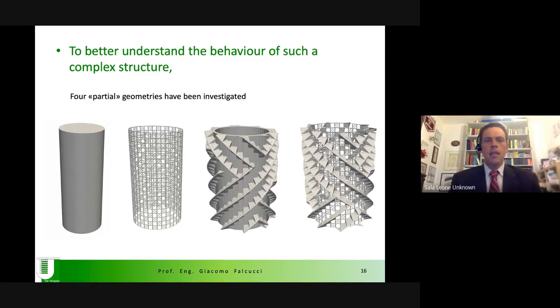Then this network structure, the cylinder with ridges outside, and then this structure which is the closest to the actual sponge, the network with these ridges. There is no top or bottom portion because it is considered periodic, as I told you before.